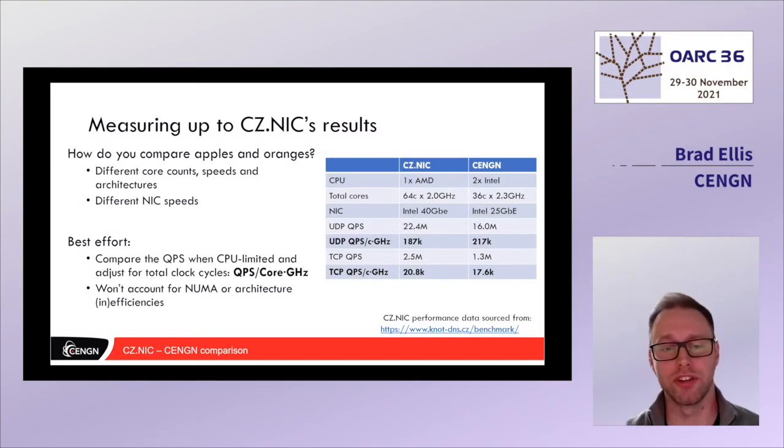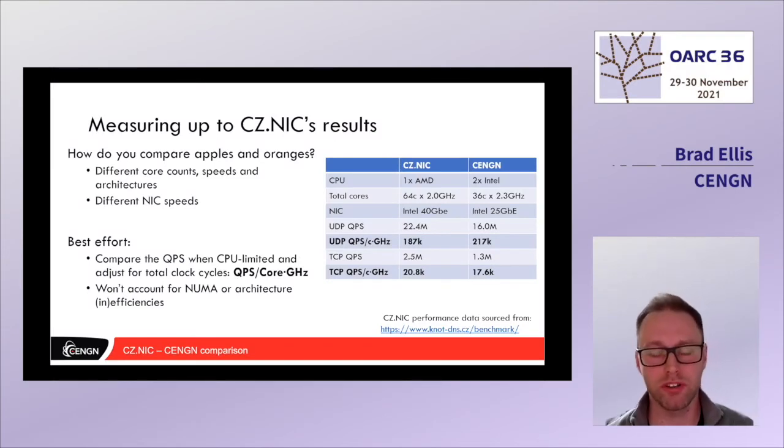I do see a couple questions here. Hazel Smith asks, QPS over core gigahertz. Have you considered QPS over watt as a measure? That is something I considered, although at the time we weren't set up to measure watts.